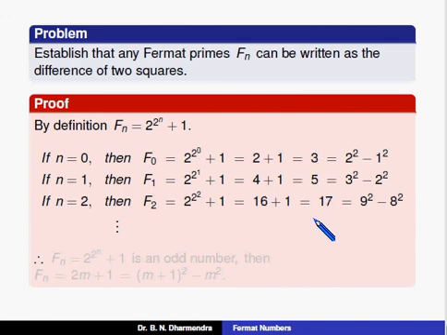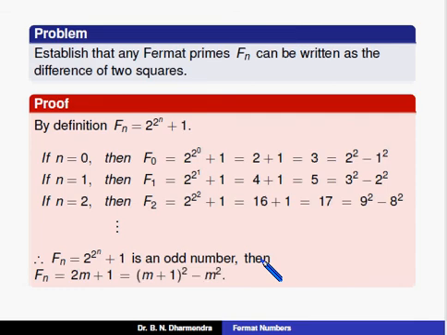We know that if a number is odd, it can be written as 2m plus 1. Observe that 2m plus 1 can be written as, finally we have to show this, m plus 1 whole squared minus m squared. This is a consecutive number.